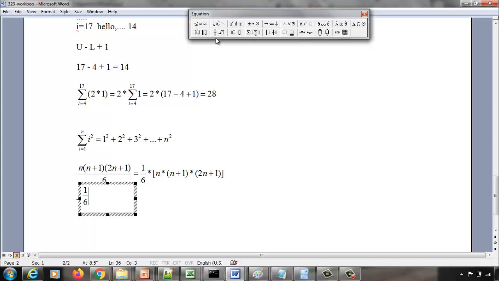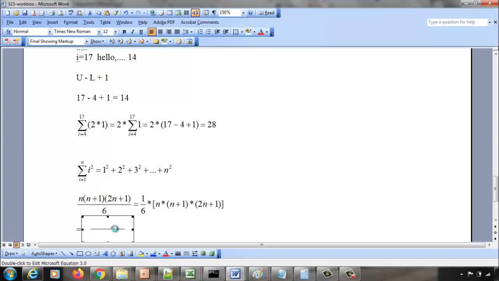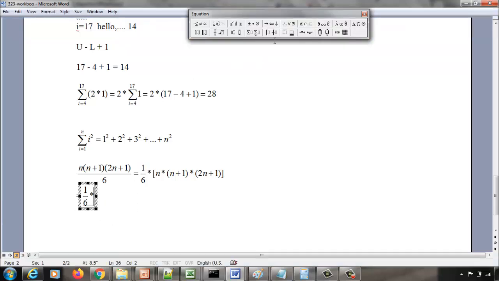1 over 6 times. Now n, as we know from our previous knowledge, can be written as theta of n, right? Then n plus 1 can also be written as theta of n, so that's another theta of n. Then 2n plus 1 by itself can be written as theta of n.